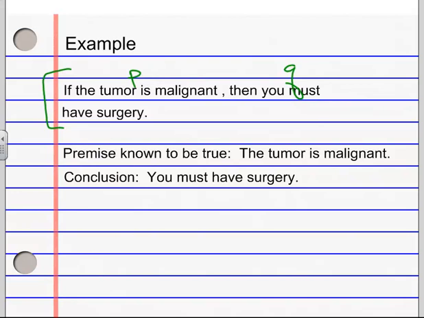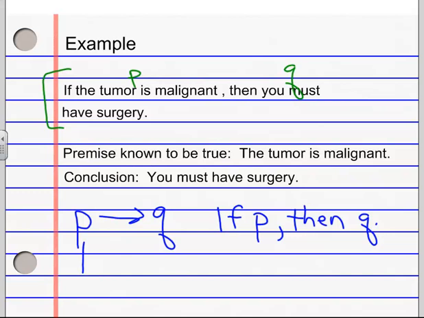So we can write this symbolically this way. If P, then Q. Now this is our typical conditional statement we've been working with all along. And P is known to be true.